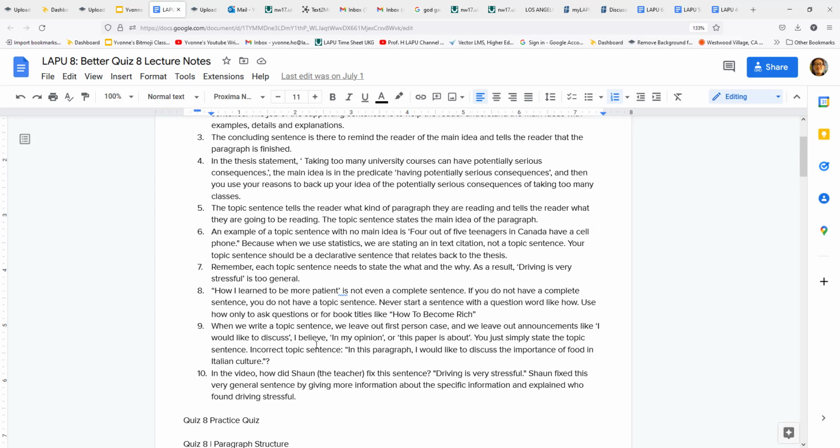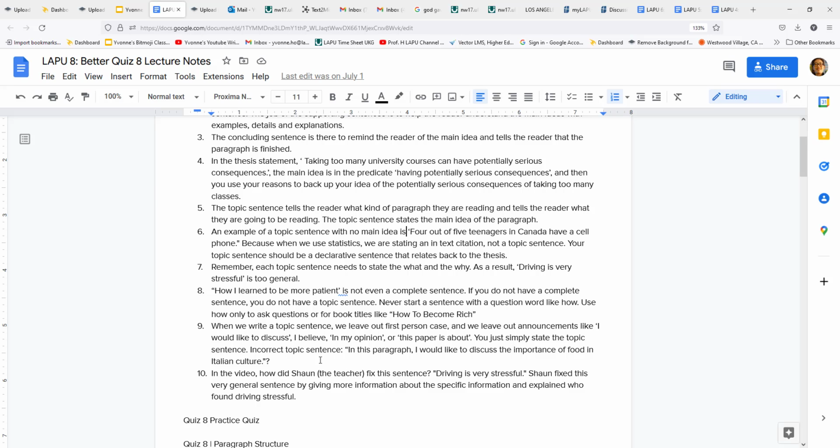When we write a topic sentence, we leave out first person case, and we leave out announcements like, I would like to discuss, I believe, in my opinion, this paper is about. You just simply state the topic sentence. An incorrect topic sentence would be, in this paragraph, I would like to discuss the importance of food in Italian culture. And so here you would take out, in this paragraph, I would like to discuss. And then you would write, the importance of food in Italian culture is that families get to share time together.